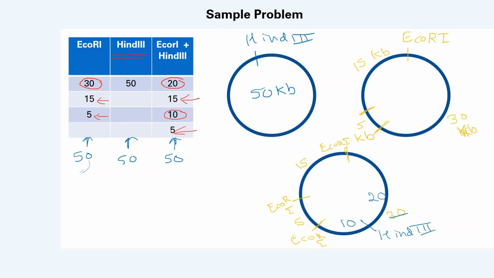Now, please understand that I'm putting 20 on this side and 10 on this side, but that is an estimation. We do not know for sure if 10 is on this side or the other side, and for that we will have to cut it using a third restriction enzyme to be very sure where exactly the 20 and 10 fragments are.